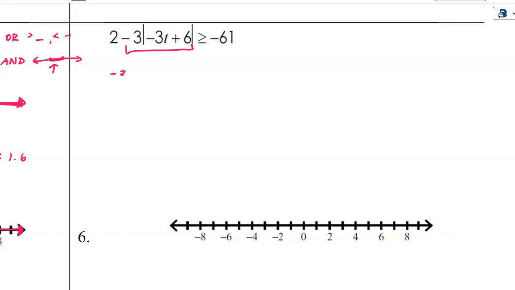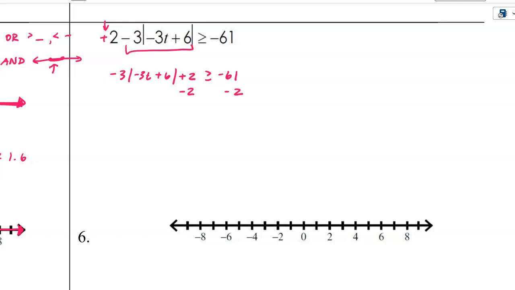So one way to do this is to rewrite this term as -3t plus 6, and then it's a plus 2. Or another thing is just to put a plus sign in front of it.